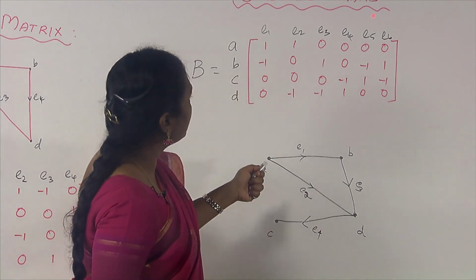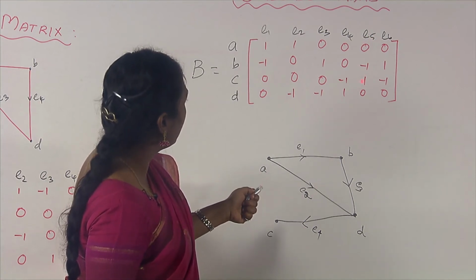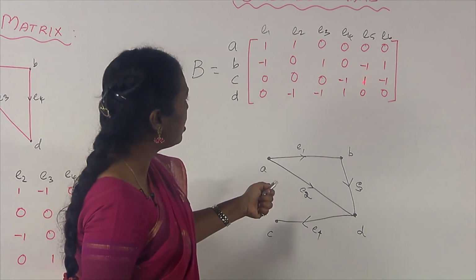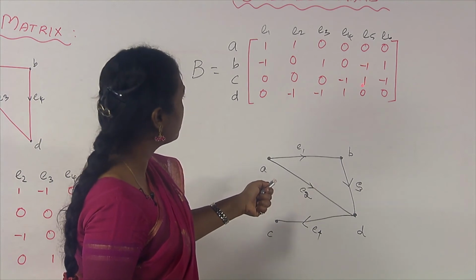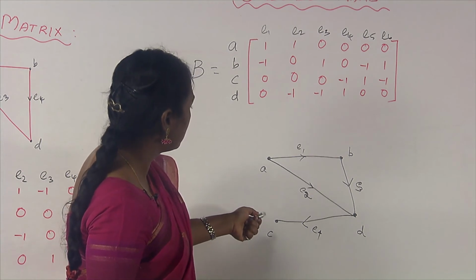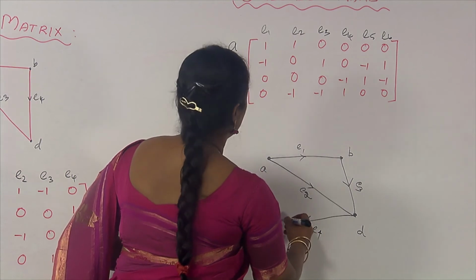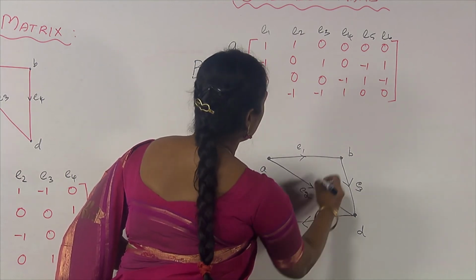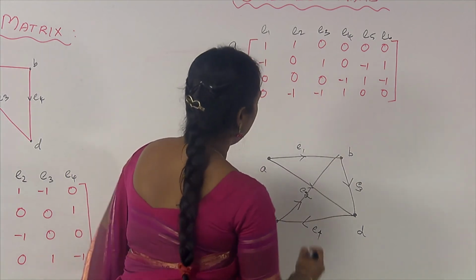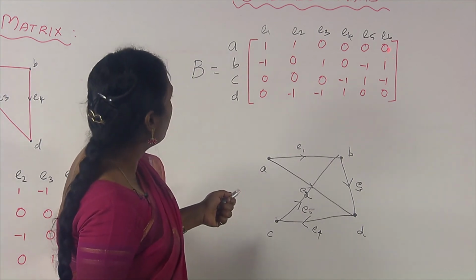The next one here in E5, it is going from C, because outwards means it is 1 and inside only it is -1. So, it is starting from C and then going to B, C to B. This is your E5, and then finally E6, it is 1 and -1 here.